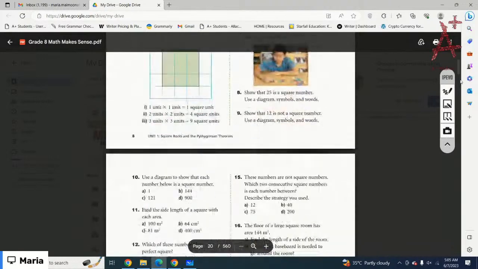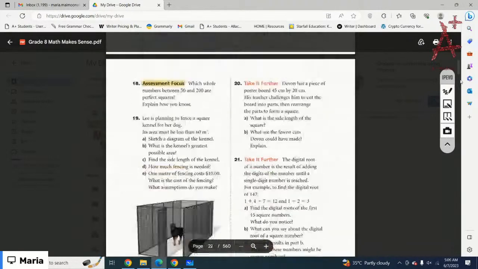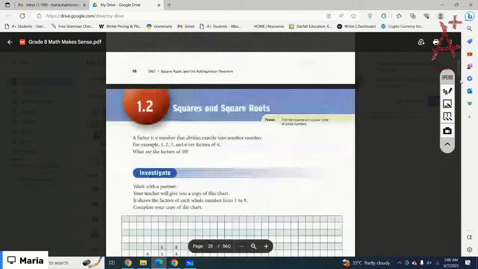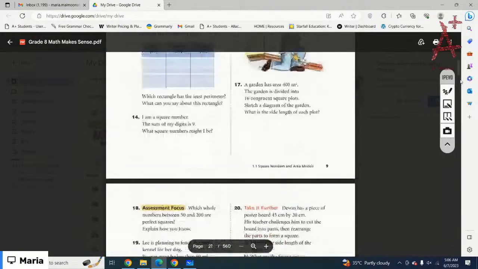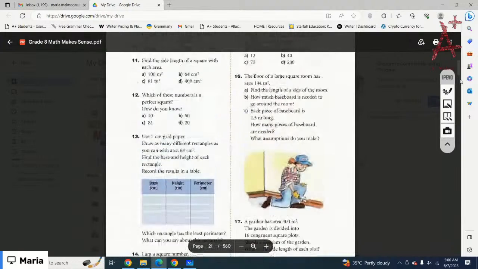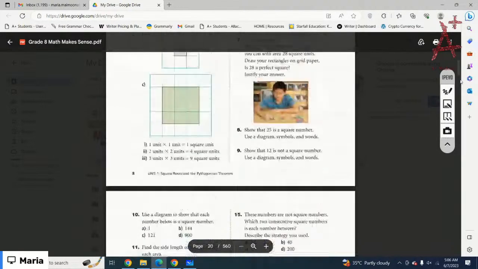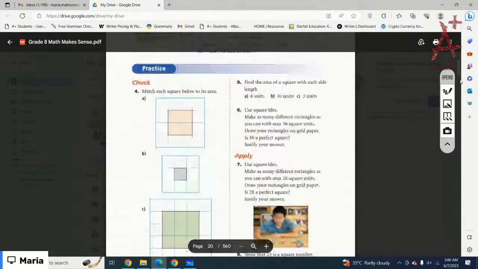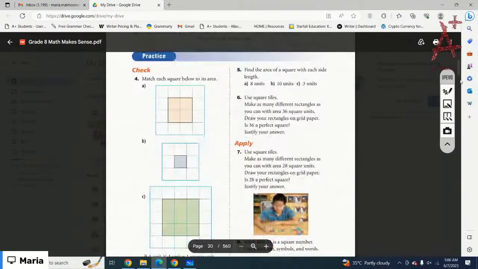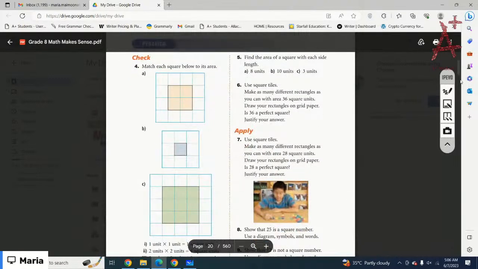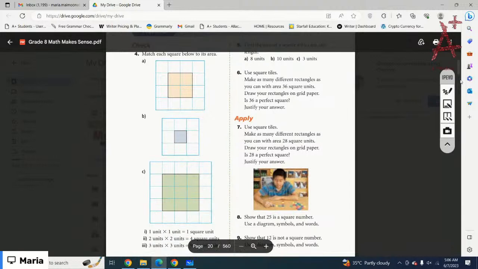Here you have the practice questions. Okay, let's just start with the practice questions. Match each square below to its area. You are given the squares, you have to match them with their areas given below.